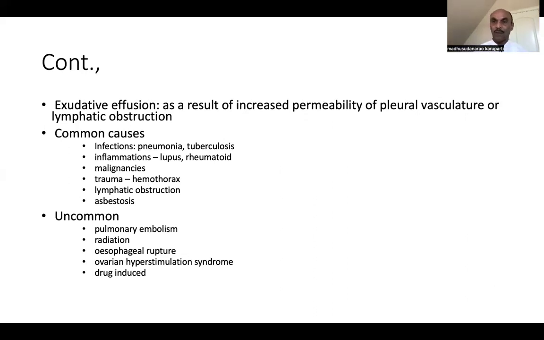There are a few uncommon conditions like pulmonary embolism and post-radiation injury. These things are going to disturb the integrity of the vascular membrane, thereby resulting in the protein leak into the interstitium, thereby facilitating the movement of the water across oncotic pressure. That results in the protein-rich exudative pleural effusion.